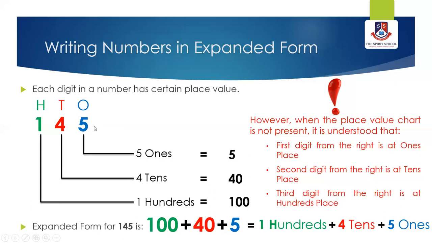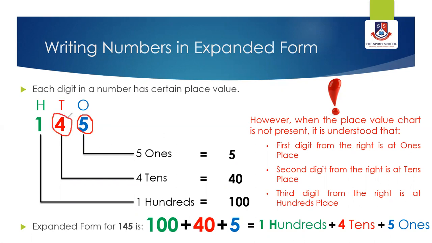So remember that the first digit from the right, here the first digit from the right is 5, is at the ones place. Always the first digit from the right is at the ones place. Now moving to the second digit. The second digit from the right is at the tens place.